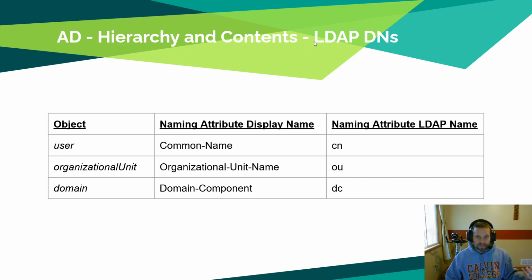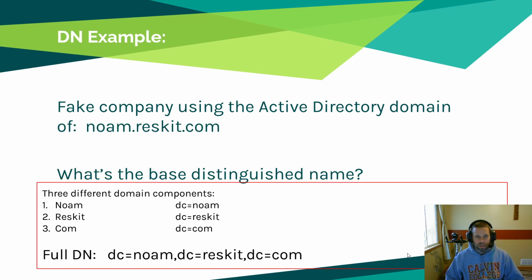And specifically for our DN, I'm going to focus on user accounts here. So I'm going to have a user object. For LDAP, I have a couple of different names that these refer to. Common name for user is a CN. Organizational unit name is commonly referred to as an OU, which we've already discussed. And a domain component is labeled a DC.